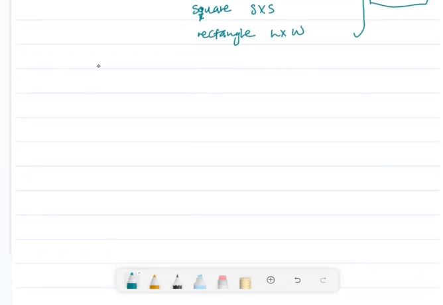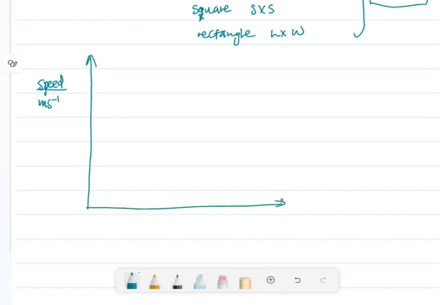Don't use that formula. Any question which asks you to deal with distance on a speed time graph, it's area under the graph. For instance, let's say I have a graph like this. This is speed in meters per second, and then I have time on this side in seconds.